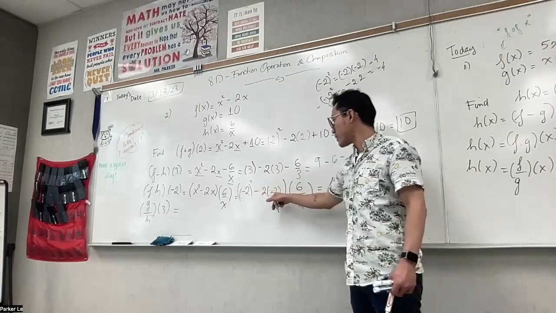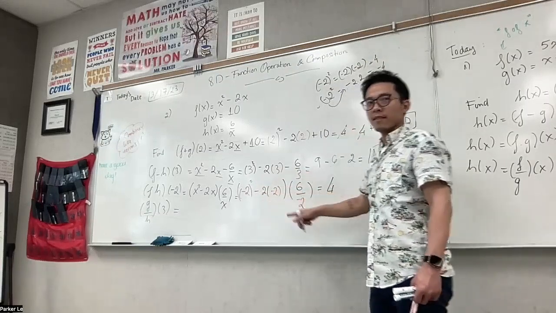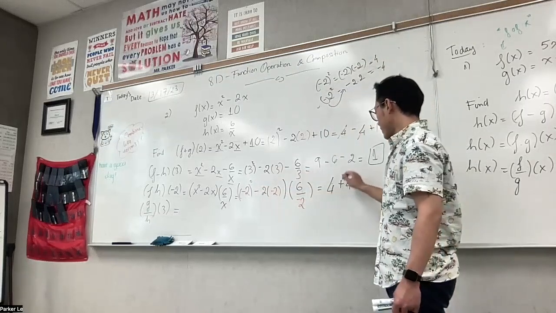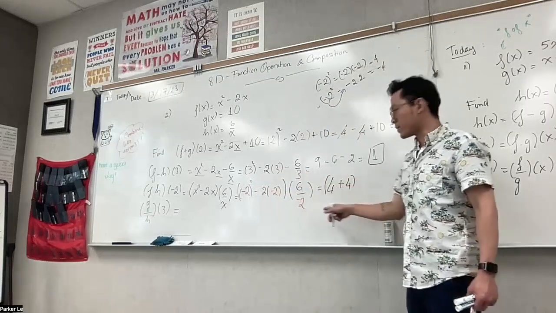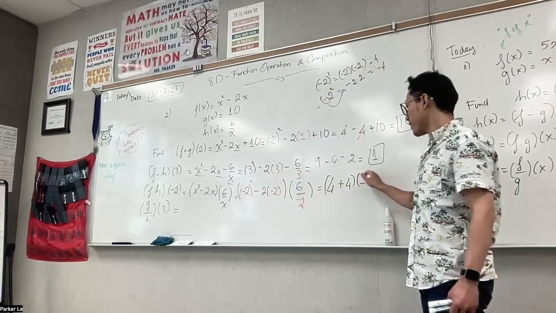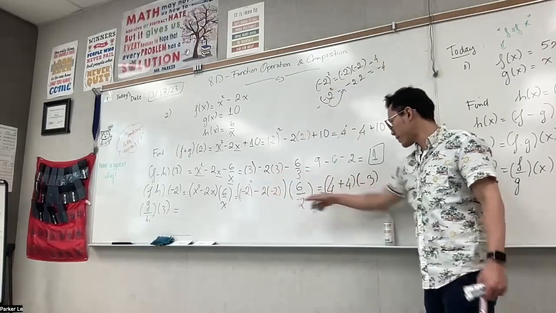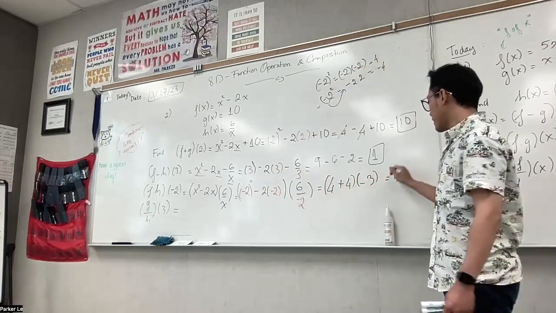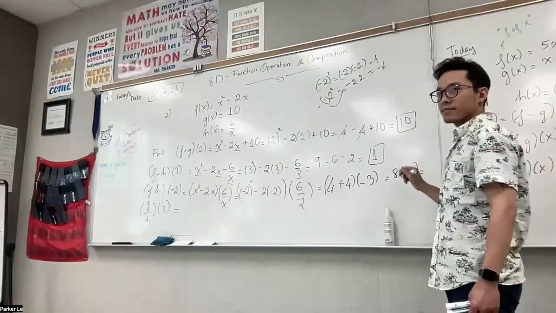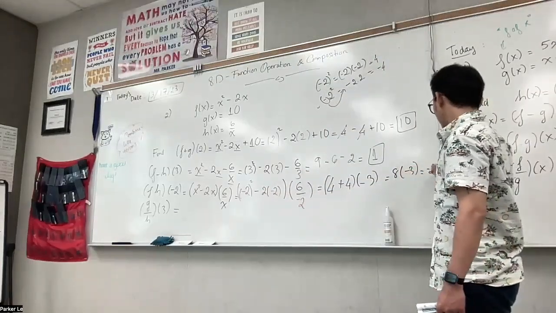So this is 4. What is -2 times -2? Positive 4. What is 6 divided by -2? -3, yeah. 6 divided by 2 is 3, and you have a negative. So 4 plus 4 is 8. What is 8 times -3? -24. Very good.